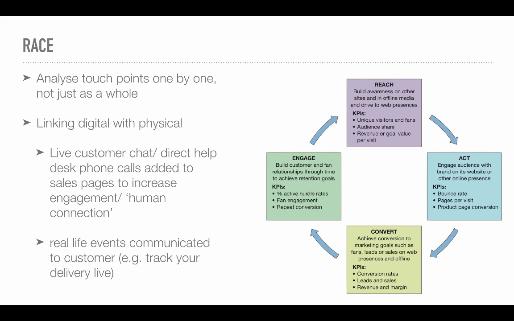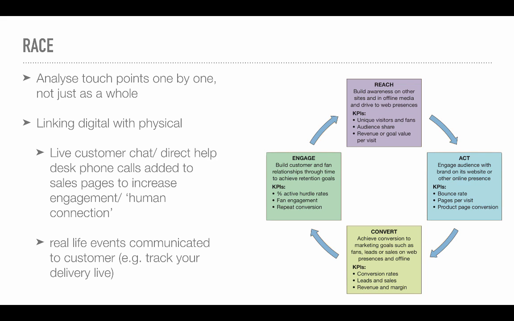When you go on your Amazon account, you can see where your parcel is, which depot, which city. When you call up, it's human interaction. Maybe you spend too long on a page, a thing pops up and says, hey, talk to someone. Anyway, the parts of this are reaching, acting, converting, and engaging.